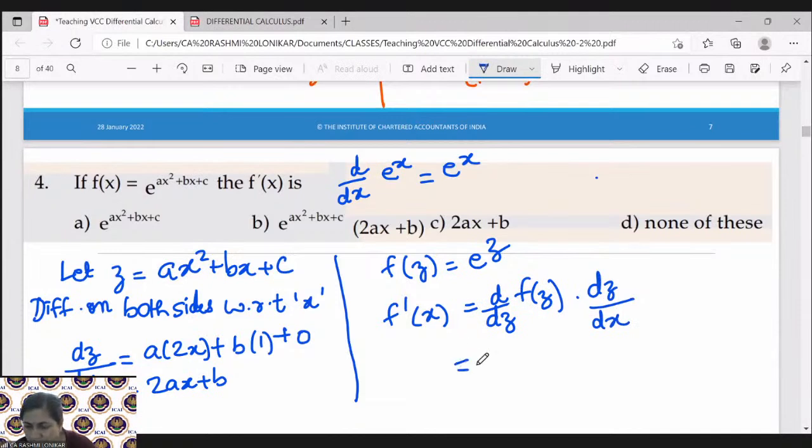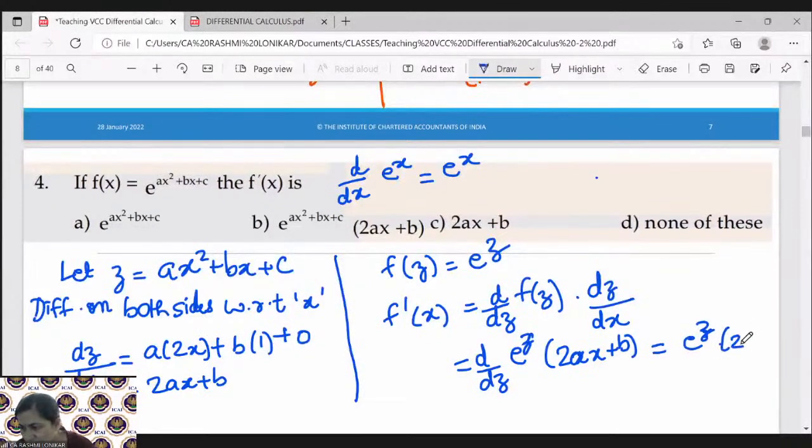Now this will be d by dz of e raised to z into dz by dx, which I know is 2ax plus b. Now what is d by dz of e raised to z? It will be e raised to z. So this is e raised to z into 2ax plus b.